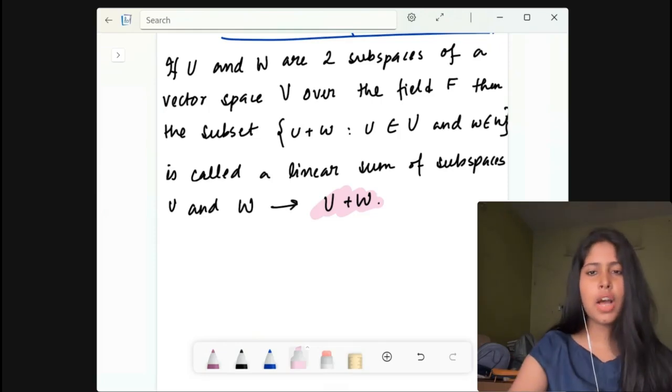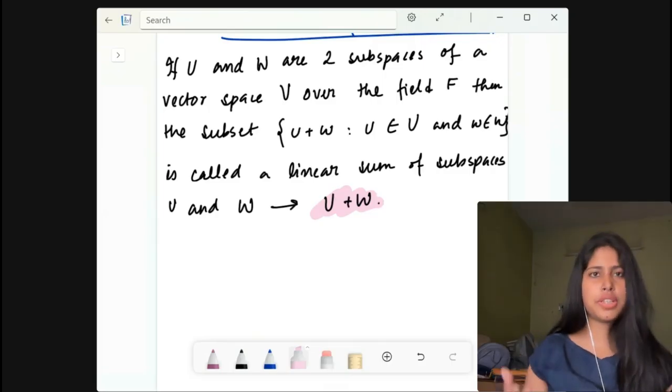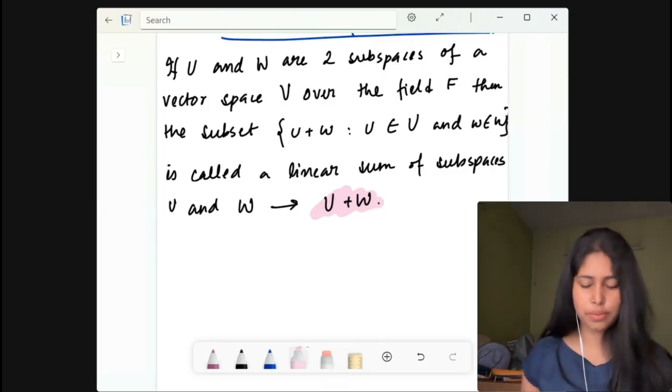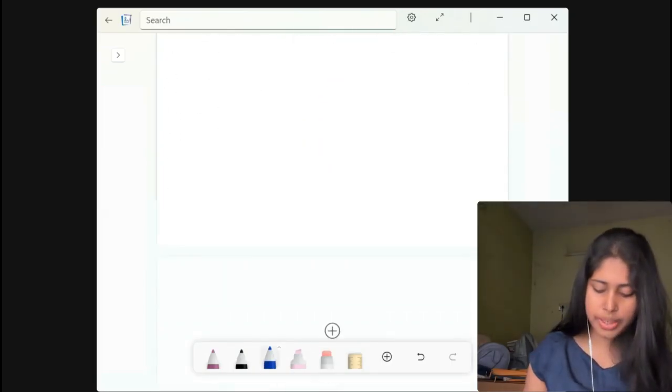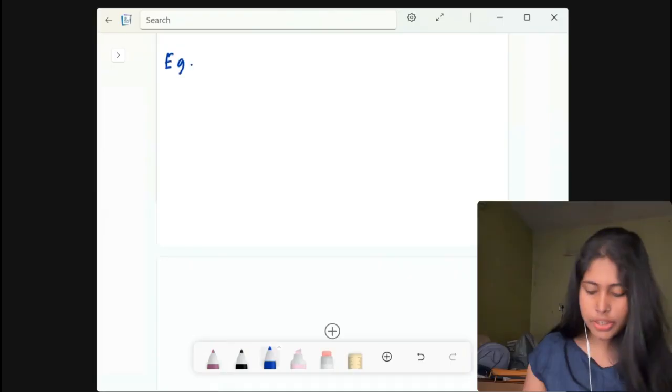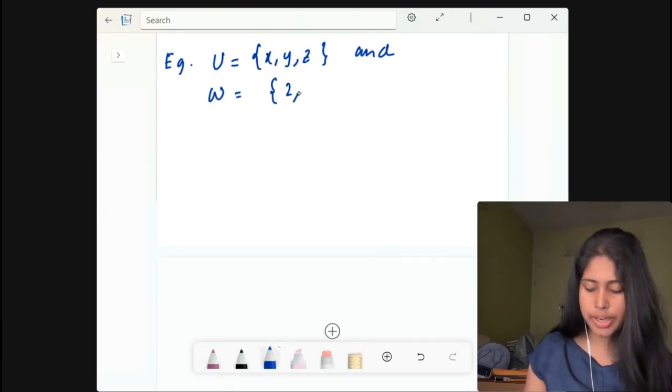All right, now if I give you a simple example, like we were considering u to be (x, y, z). Okay, let us say just a small quick example. Let us say u to be (x, y, z), and let us say w to be (2, 4, 9).